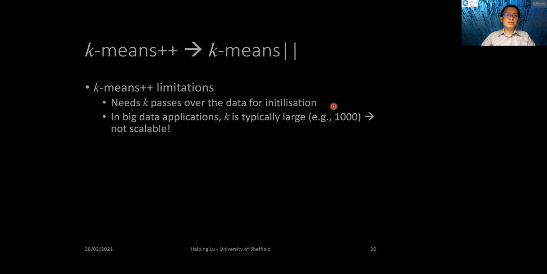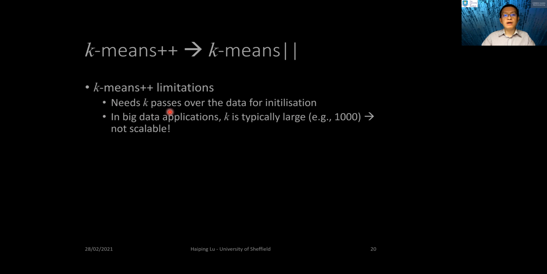However, k-means plus plus, although it's a very smart initialization scheme, has some limitations. K-means plus plus will need k passes over the data just for initialization. It's not yet for clustering, but just for initialization, you need to do k passes.